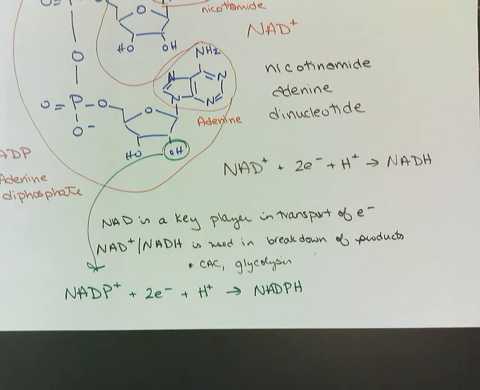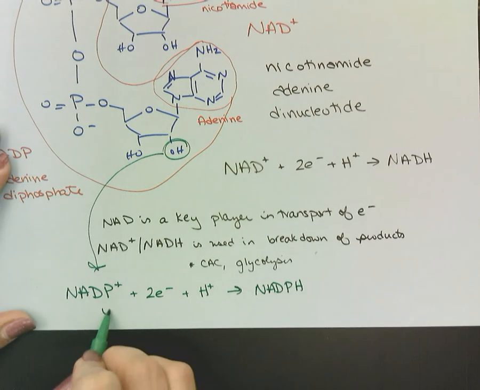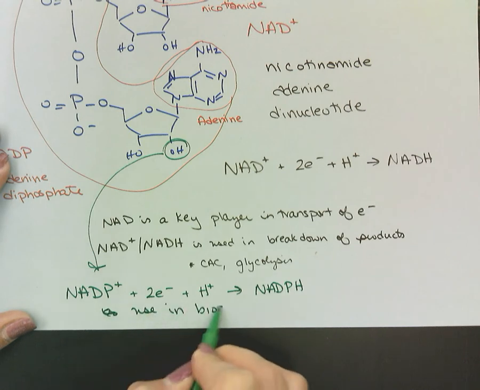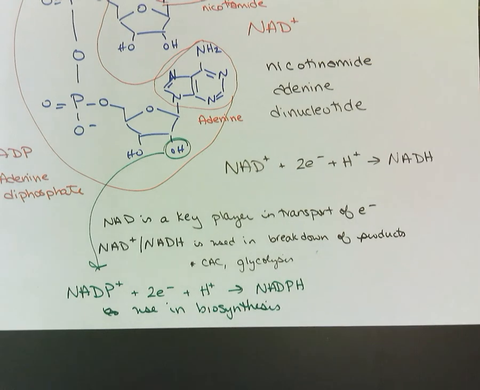I guess PO4 minus. And NADP plus and NADPH are used in biosynthesis. So they're found in 2 different cycles.